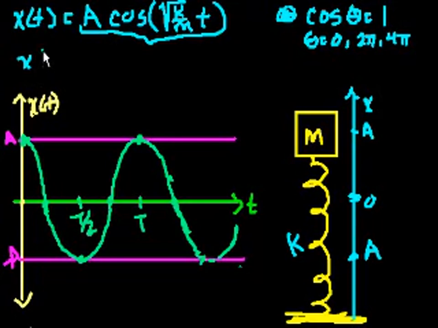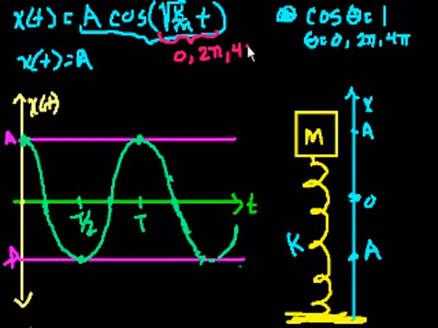x of t is equal to A at what points? x of t is equal to A whenever this expression within the cosine is equal to 0, 2 pi, 4 pi, etc. And the first time that it cycles, from 0 to 2 pi, from 0 to T, that'll be at 2 pi.